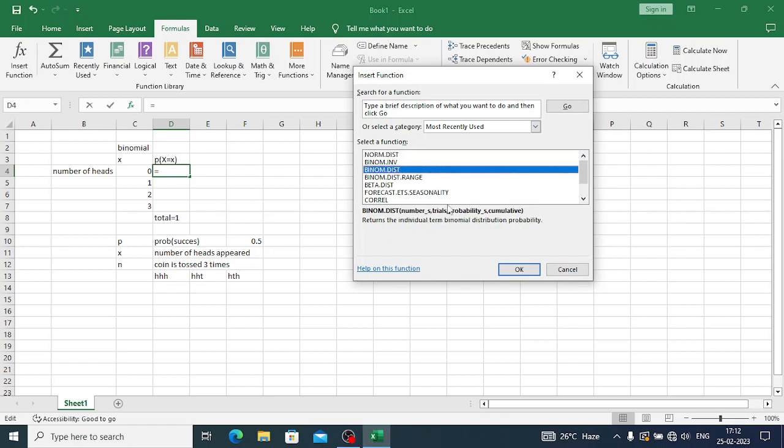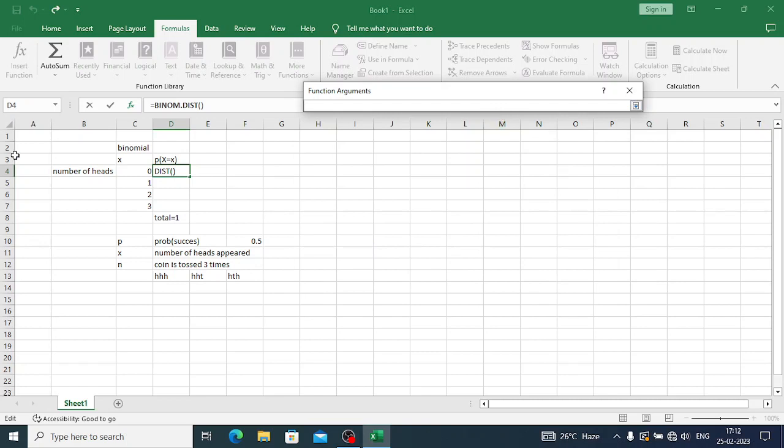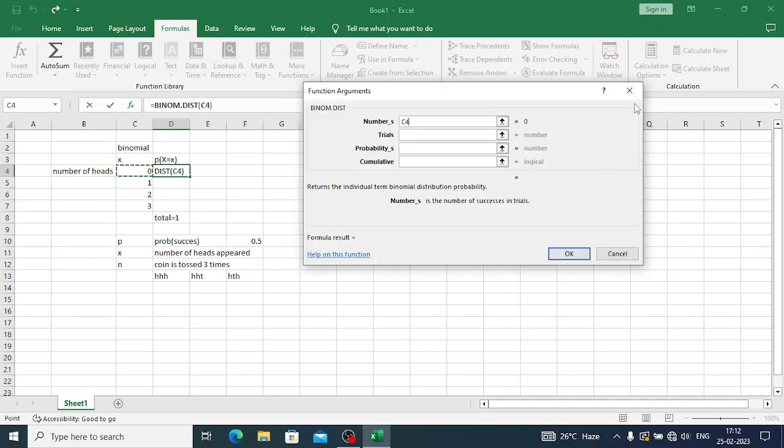Once you define it, click the OK button. Here Number_s is given. Number_s is how many successes you want. Instead of putting an actual value, I am going to define it with this cell. That means take my number of successes as 0.